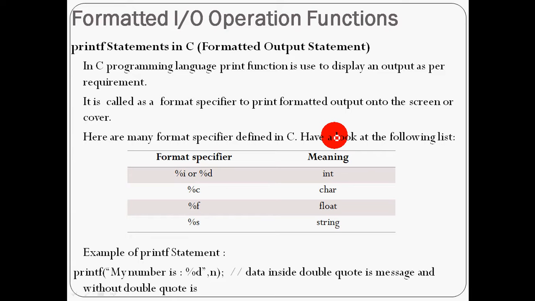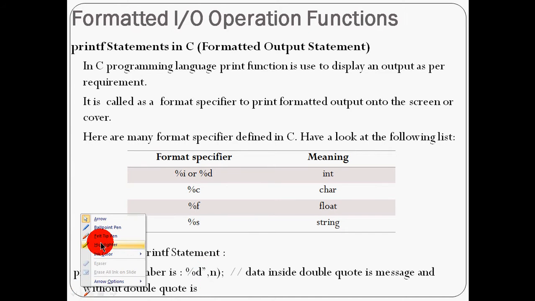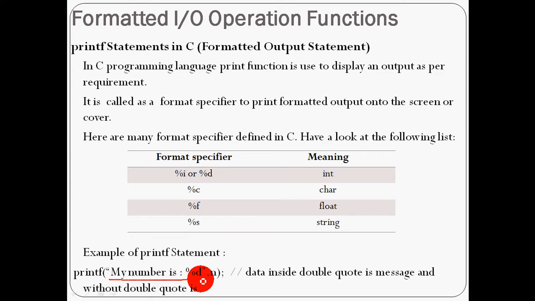Now it is necessary to define the printf function in a specific manner. Here I consider one example: printf, then a double quotation mark, then "my number is %d", double quotation mark complete, then a comma. The data available inside the double quotation marks can be called a message.